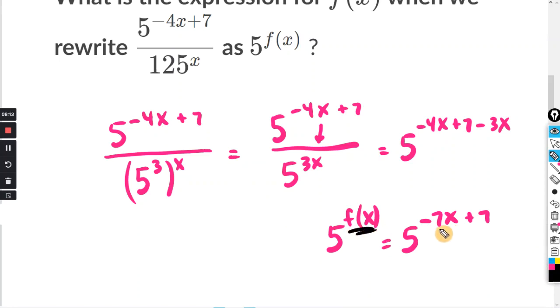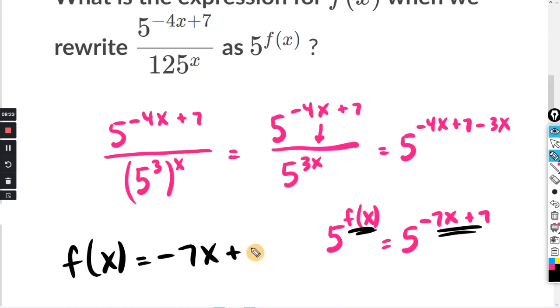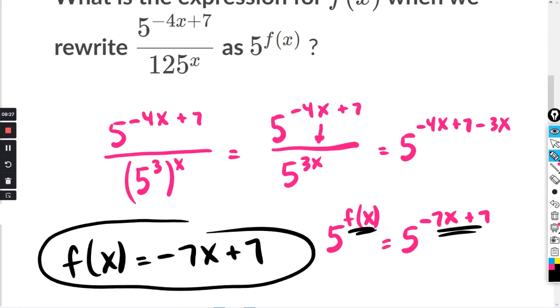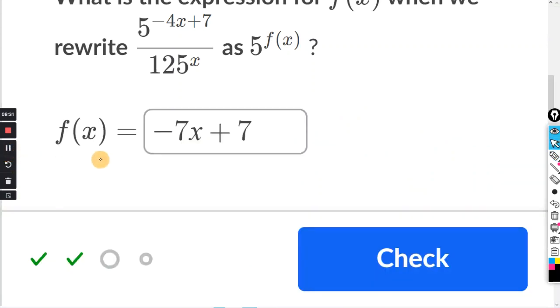Clearly, if we match the exponents, we can see that f of x is the exponent, negative 7x plus 7. Final answer, because that's what they wanted in the box. All right, so just type negative 7x plus 7.